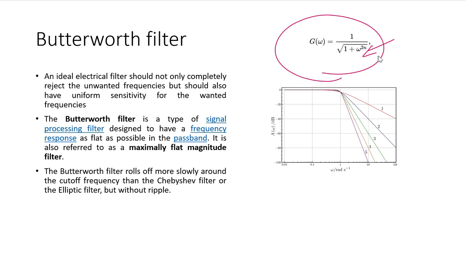Active components are directly proportional to the order. So more active components mean a higher order filter, whether inductors or capacitive components.